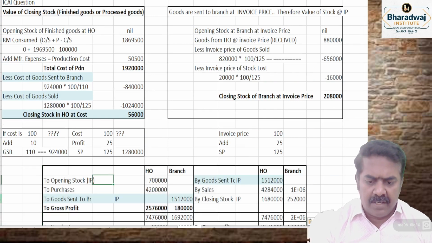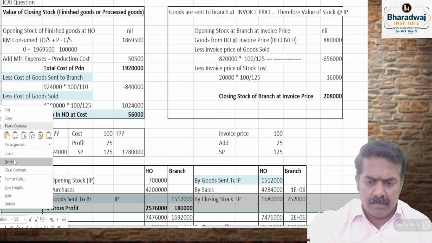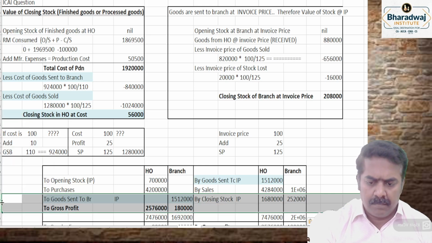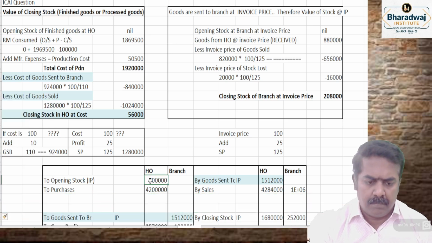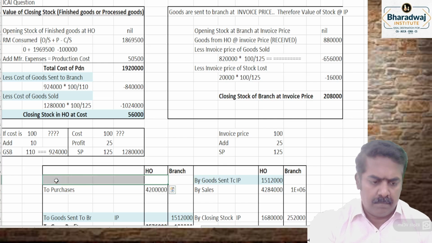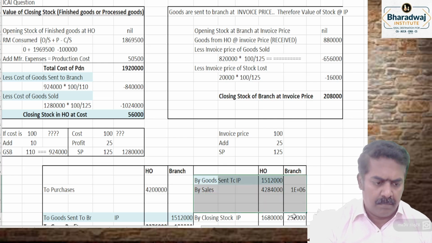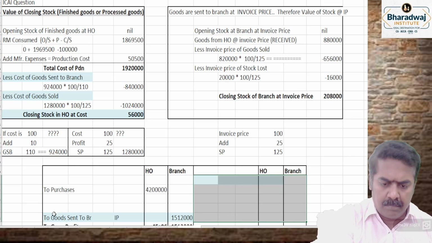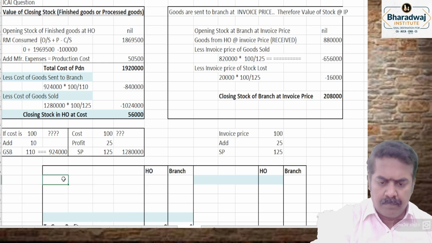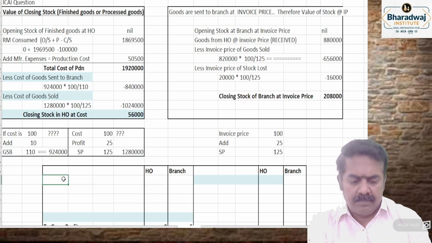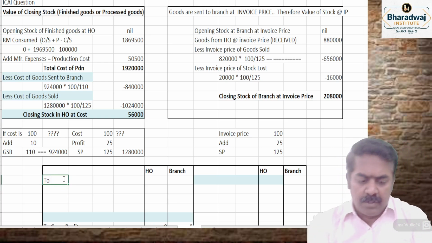Let us start with trading P&L. Any opening stock available? What is opening stock?